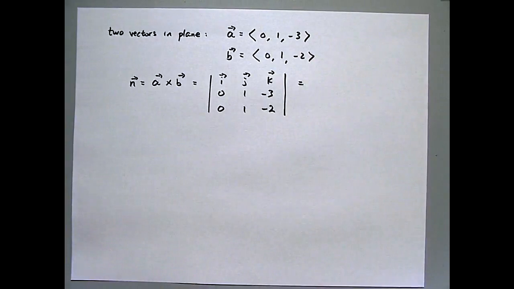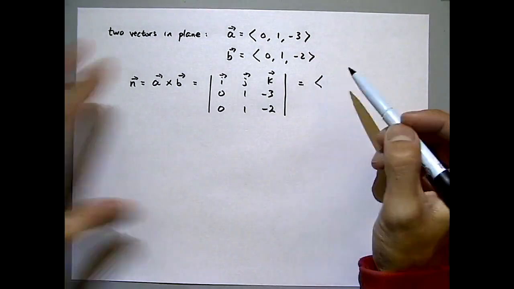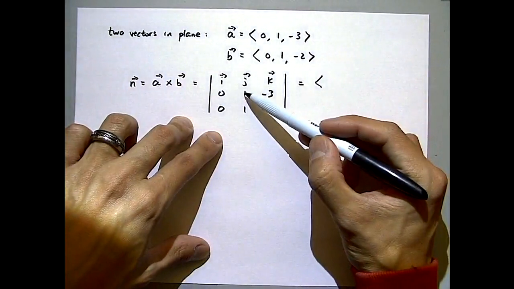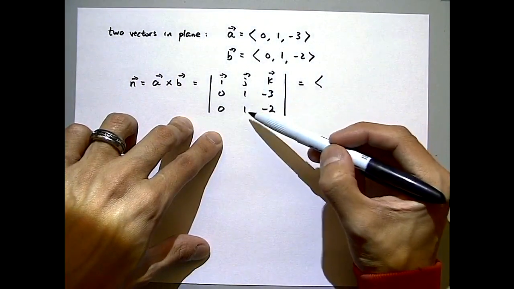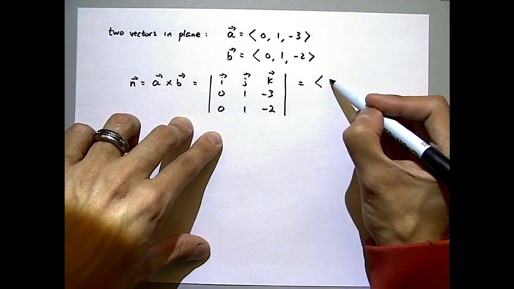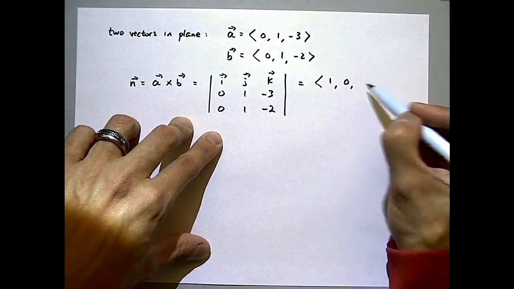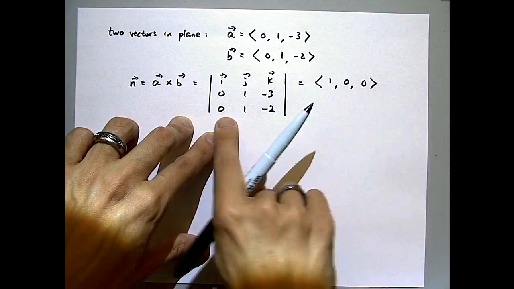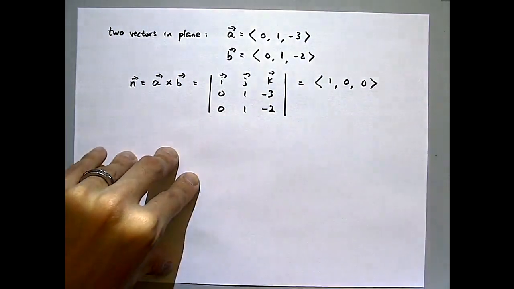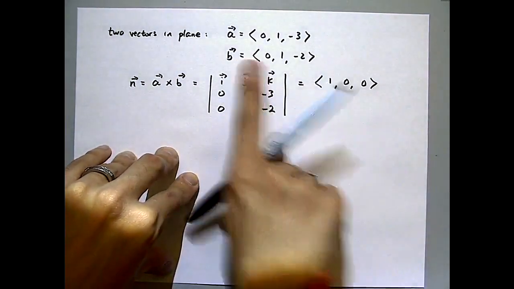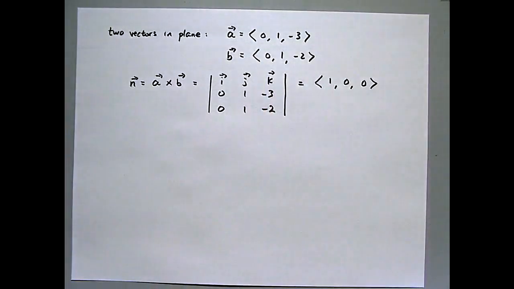Let's see. The I component would be negative 2 minus 3. So that's a 1. J would be 0. K would be 0. The first column being 0 makes the second two components 0. Very nice. That's a nice vector, just an I vector.